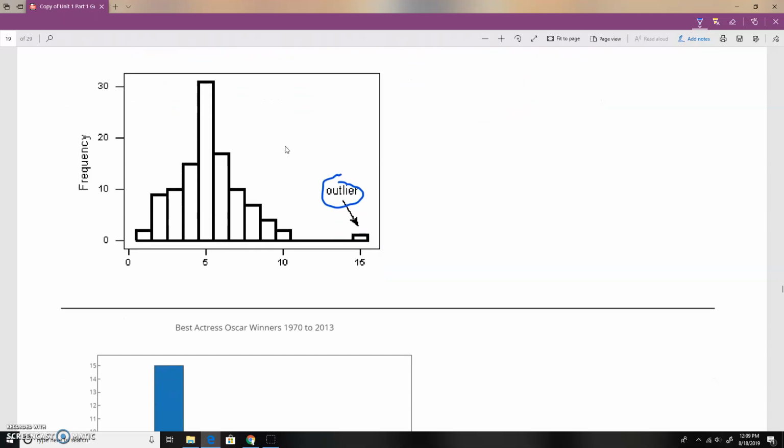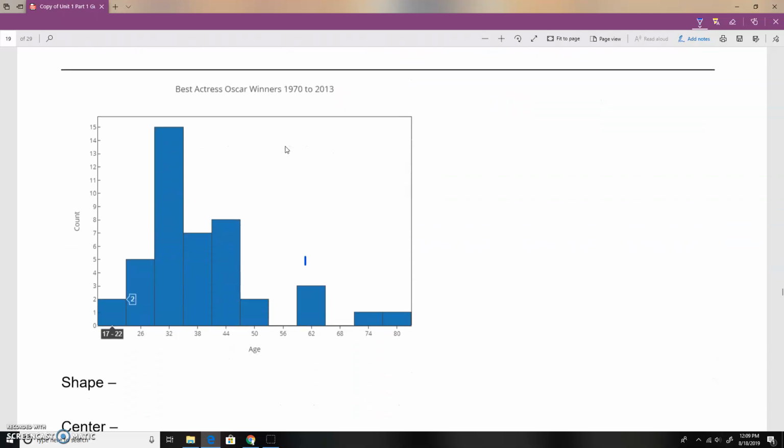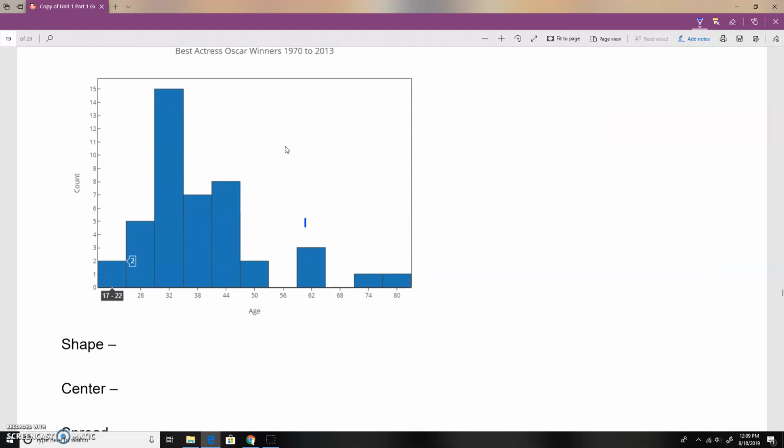All right, so let's look at an example of describing a histogram. In this histogram, first off, we need the shape. I would say this histogram tails off in general.